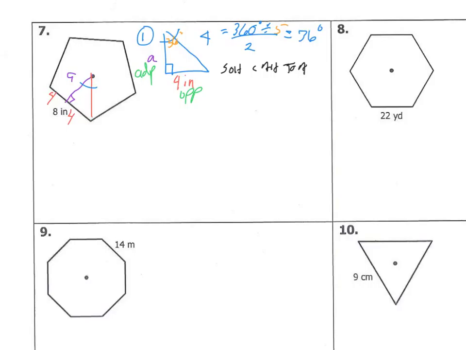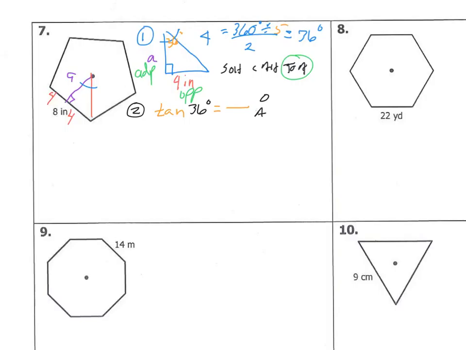It's adjacent. Isn't that going to be TOA again? So we know in step 2 that we are going to be choosing tangent. We know our degree is 36 degrees. We found that earlier.